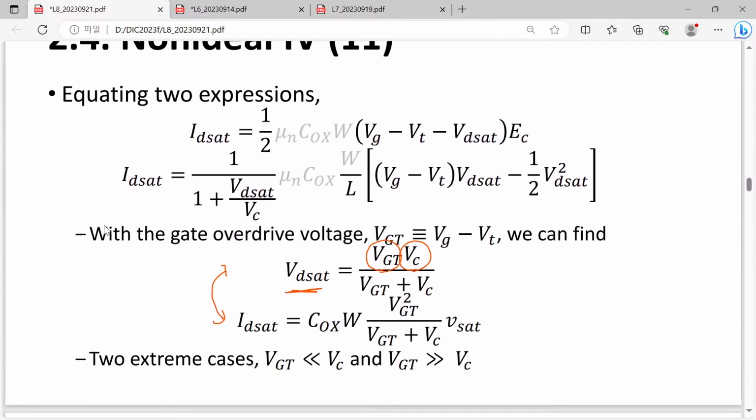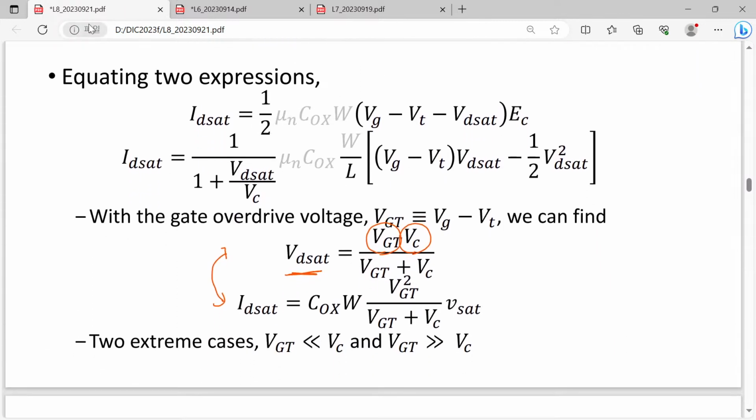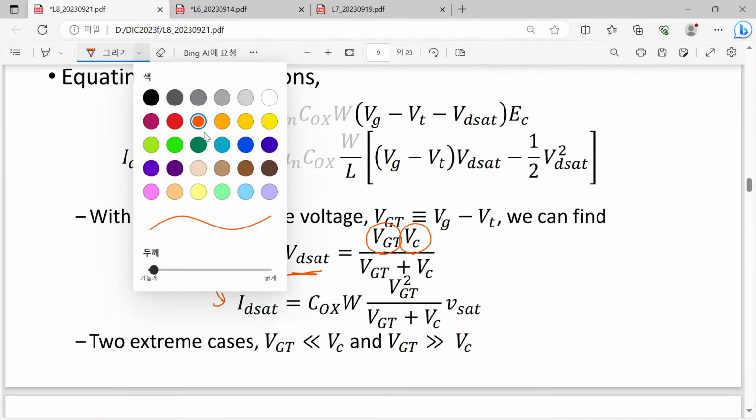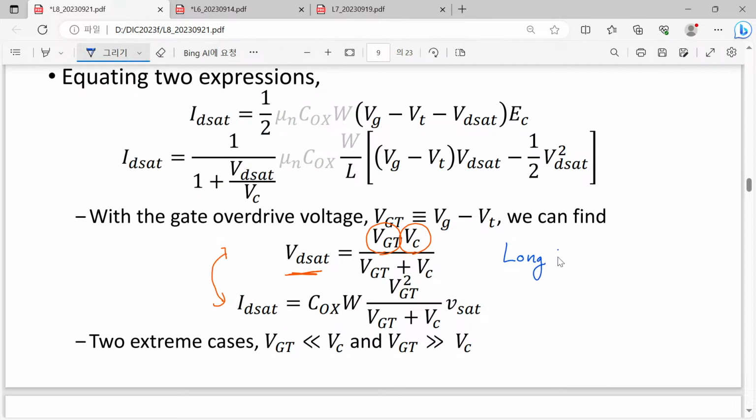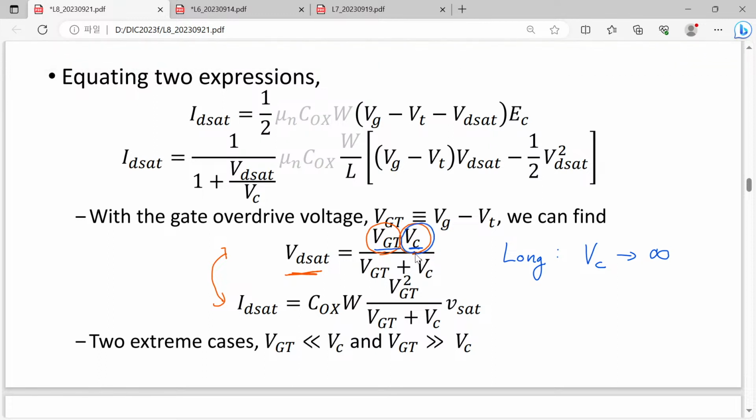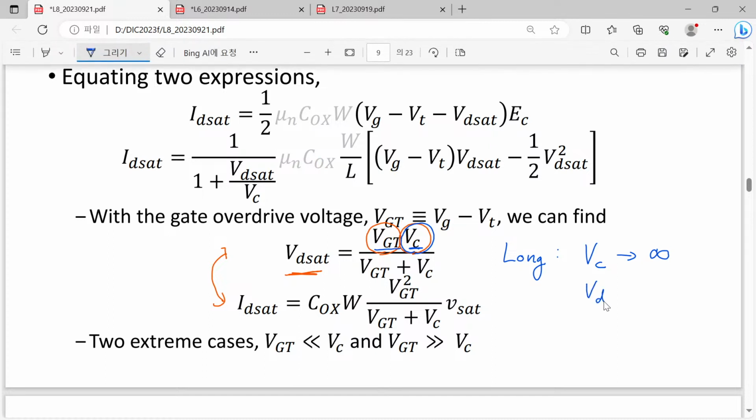Now let's go to this one. Once again, first of all, let's assume a long channel device. Then what happens? Then VC goes to infinity. Compared with the gate overdrive voltage and critical voltage, which one is larger? Of course, this one is larger. So now you will find that in this case, your saturation velocity is approaching what?